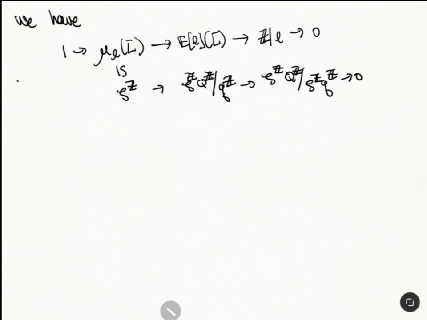Okay, so we have this thing. Let's go up. So these are all via the Tate uniformization.